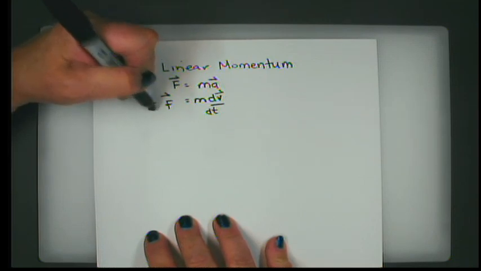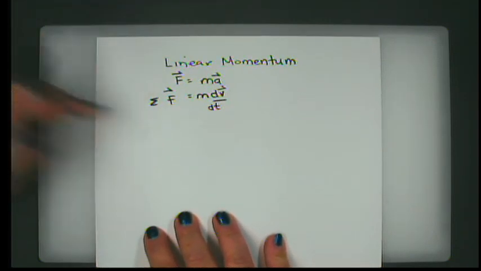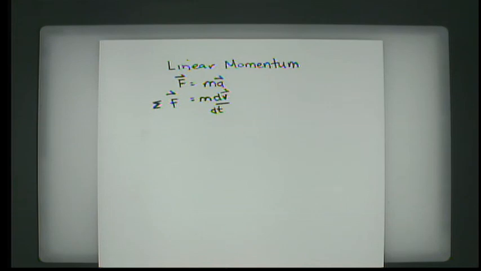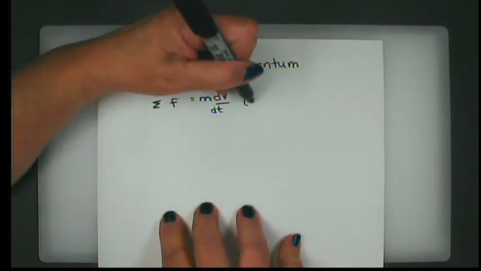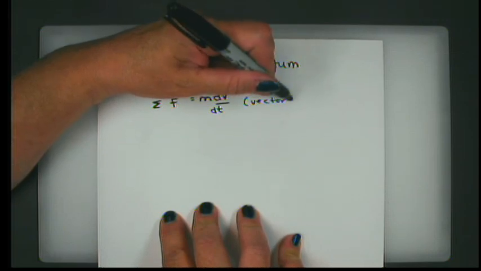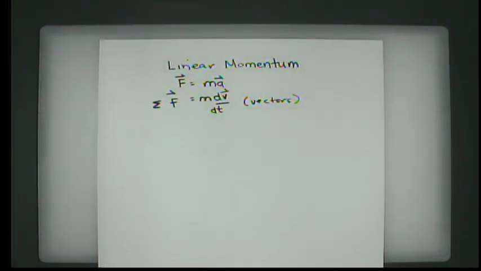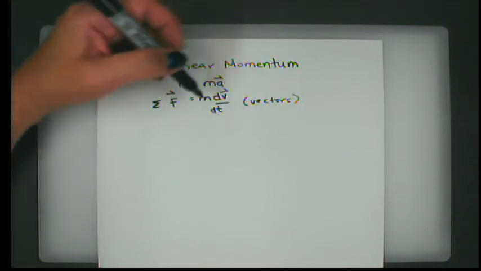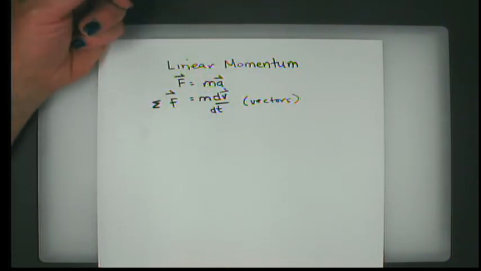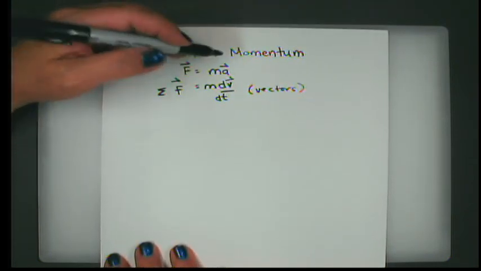And if we consider it for a system, we may have more than one force, and so we need to sum those up. We also need to recognize that these are vectors, so we need to take into account the directionality of the forces and of the velocity or acceleration in this equation.